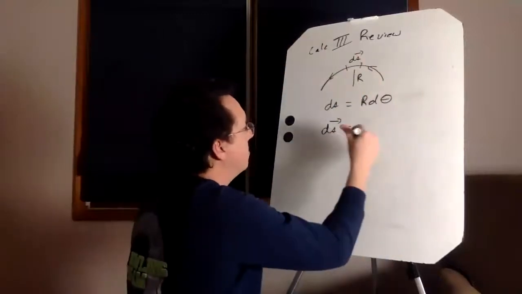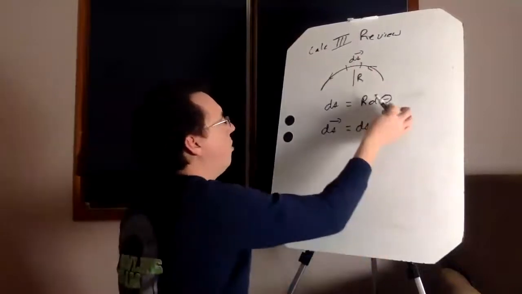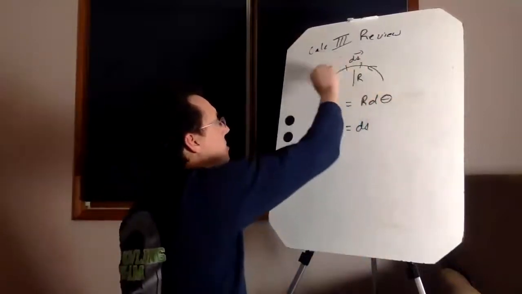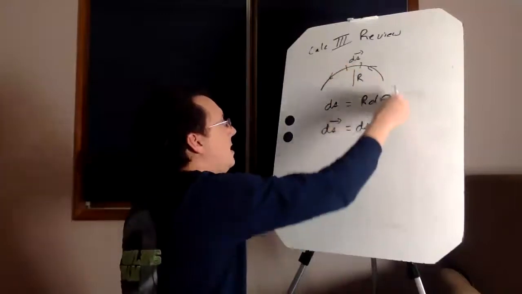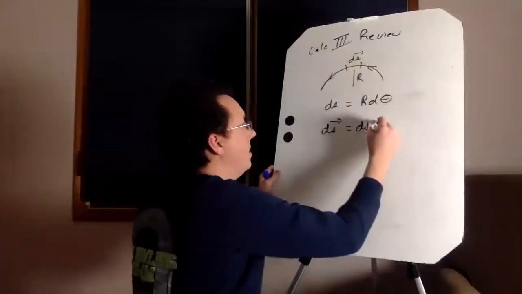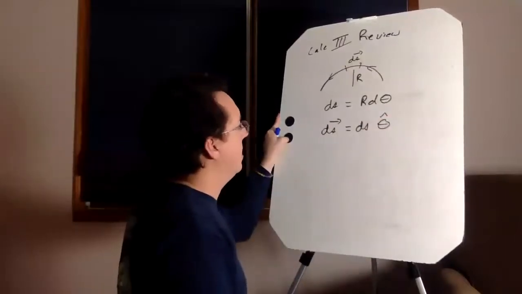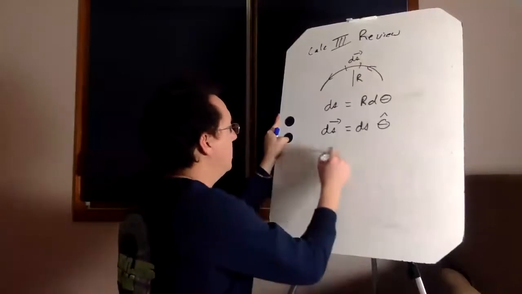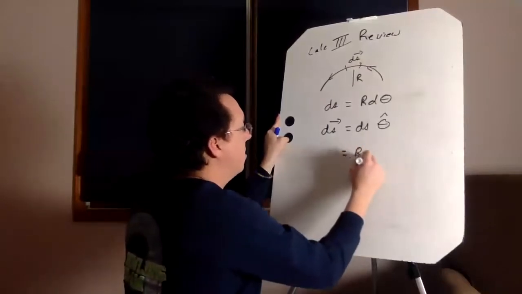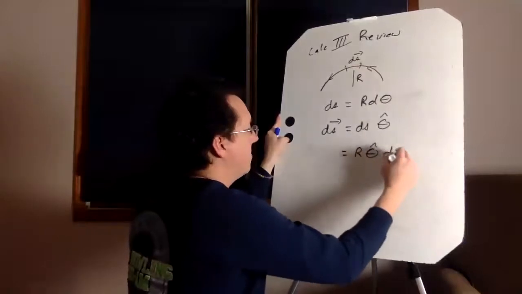Then ds vector would be this expression, but it would point tangent to this arc. Tangent to a circle is in the direction of increasing angle, so that would be theta hat. And so you would just say that this was r theta hat d theta.